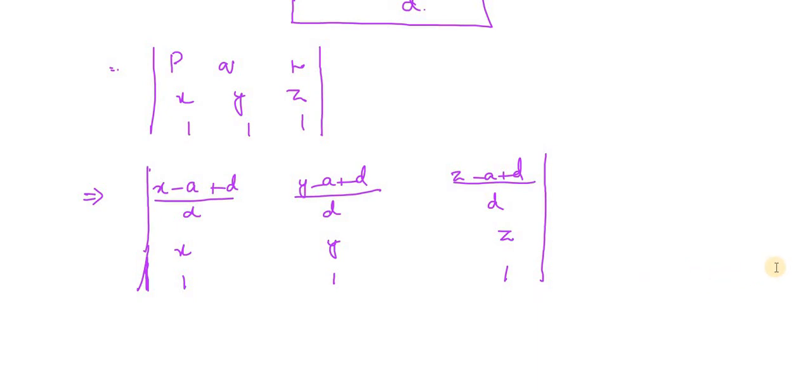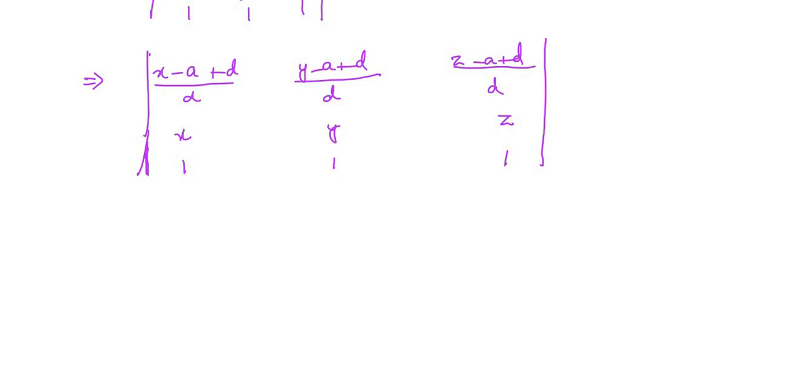By expanding with respect to any row or column, we get the value equal to 0, and we have to show that the determinant is equal to 0. Expand with respect to any row or column, otherwise you can use properties of determinants.